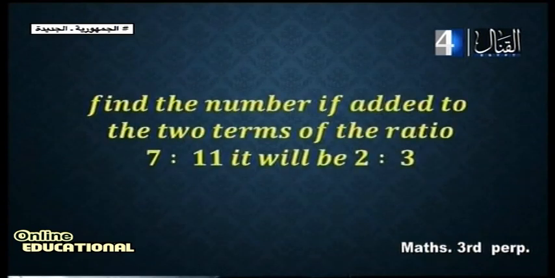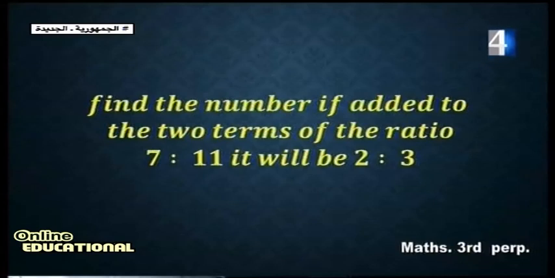Now let us have an example. Find the number which, if added to the two terms of the ratio 7:11, will make it 2:3. A number added to the two terms of the ratio 7:11.